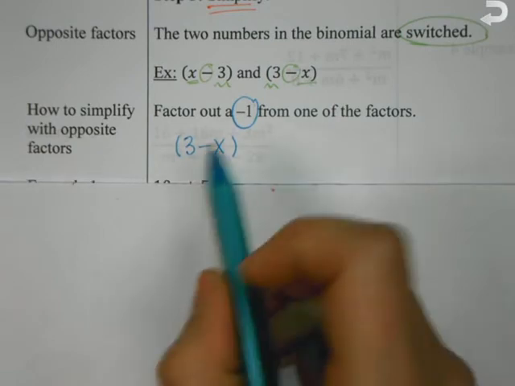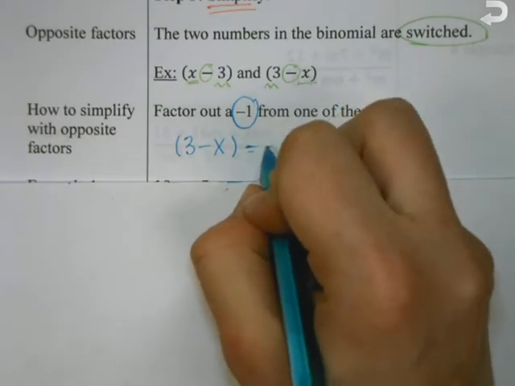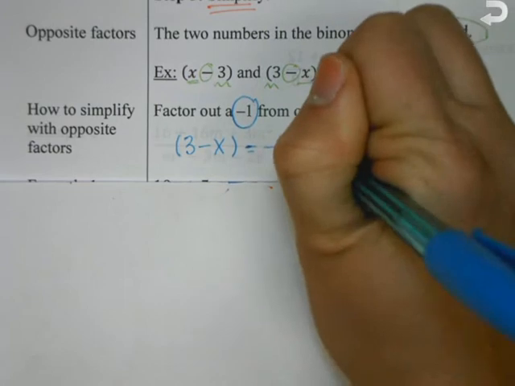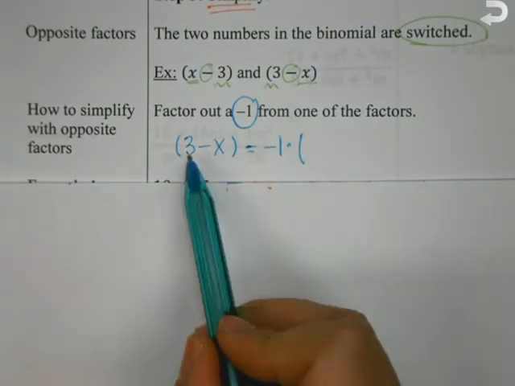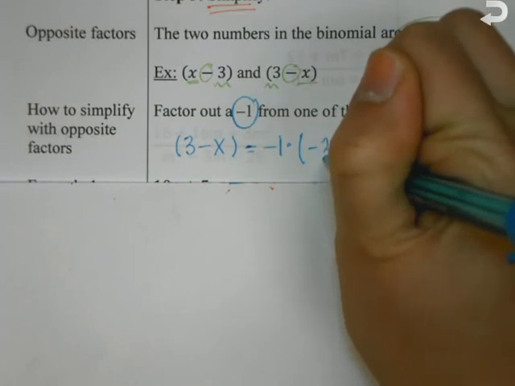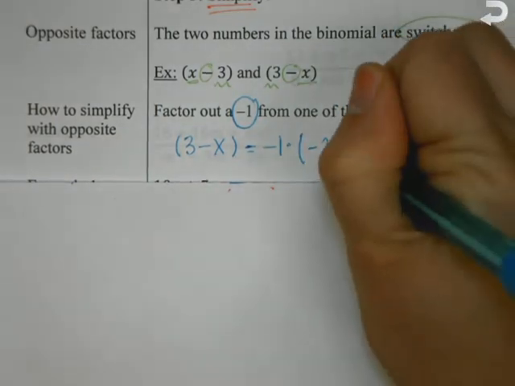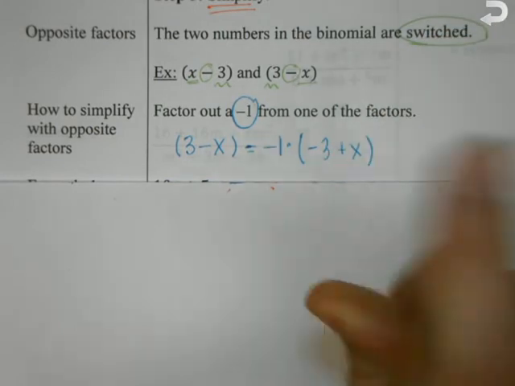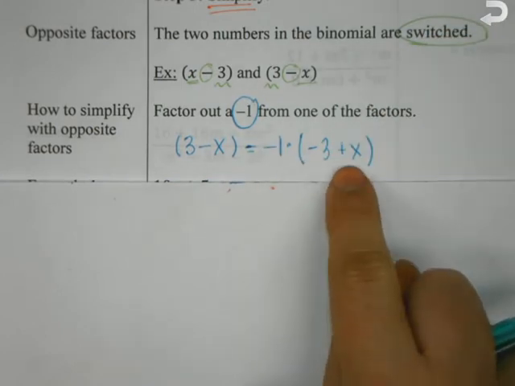So our instructions say to factor out a negative 1. If I factor out a negative 1, that means I'm dividing each term by negative 1. So 3 divided by negative 1, what does that give me? Negative 3. Negative x divided by negative 1, what does that give me? Positive x. So now I have negative 1 times negative 3 plus x.